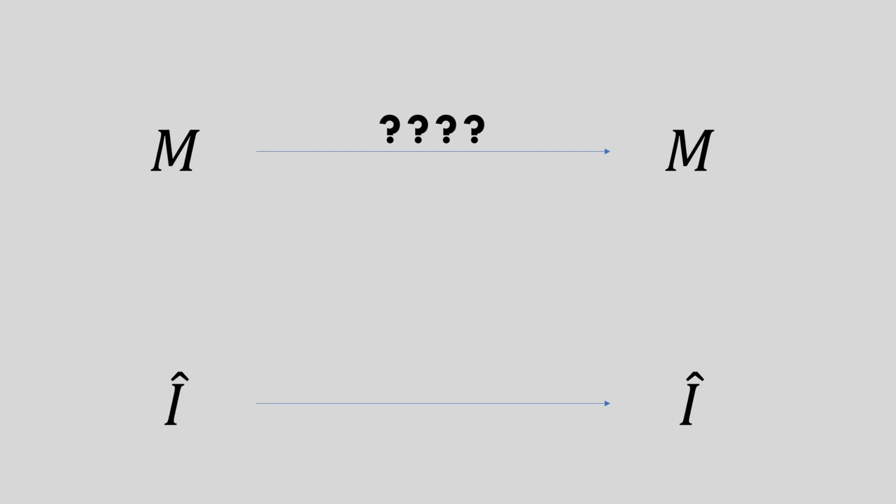And so I cannot directly go from start magnetization to end magnetization. I have to first convert my starting magnetization into the operator that describes it, then perform the evolution, perform all my operations in the quantum realm, and then when I reach the end, convert my operator back into visible magnetization.